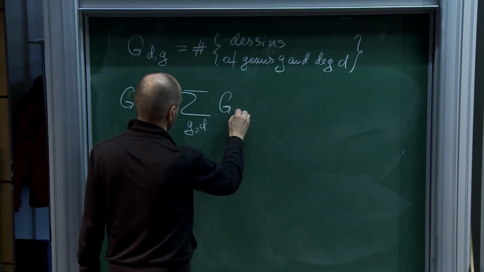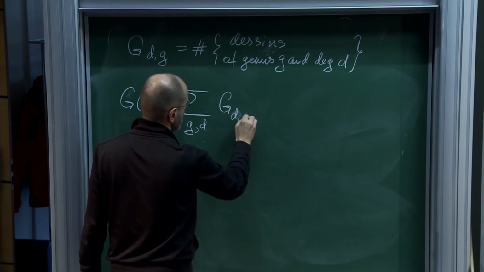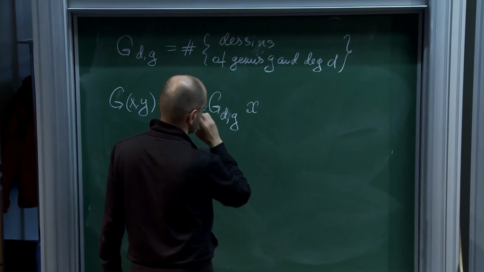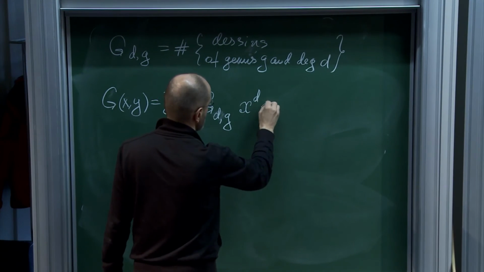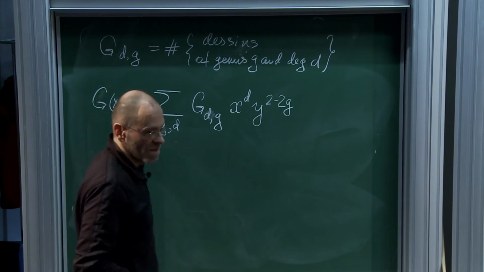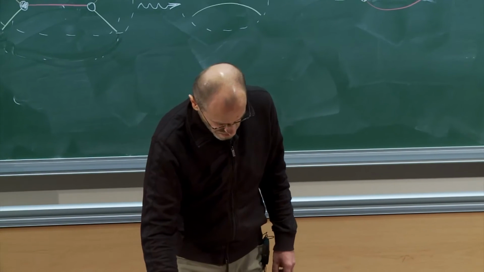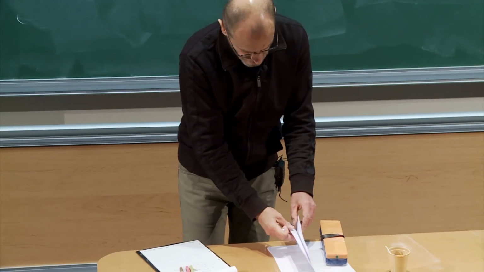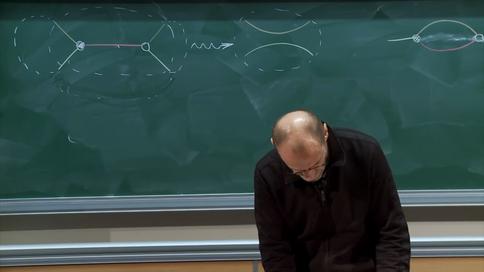G dg x to the d and y to the 2 minus 2g. Let's write it this way. And then this generating function is just a specialization of the more general generating function that's written here. So let me write the explicit formula.